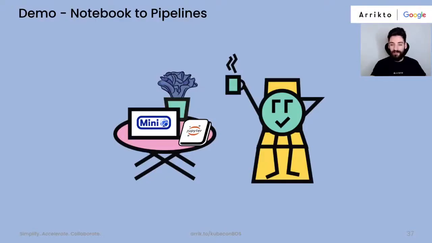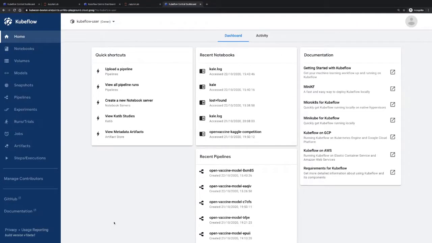Okay, so now we're ready to put our hands on a notebook and convert it to a pipeline. This is Kubeflow's central dashboard, the place where all of the Kubeflow's components come together and where I can navigate between them.